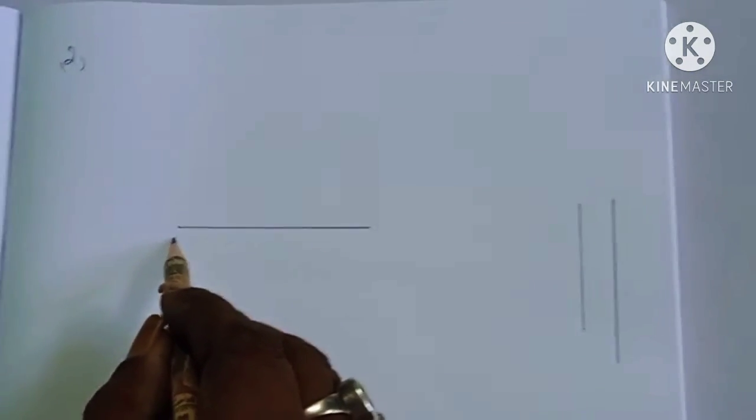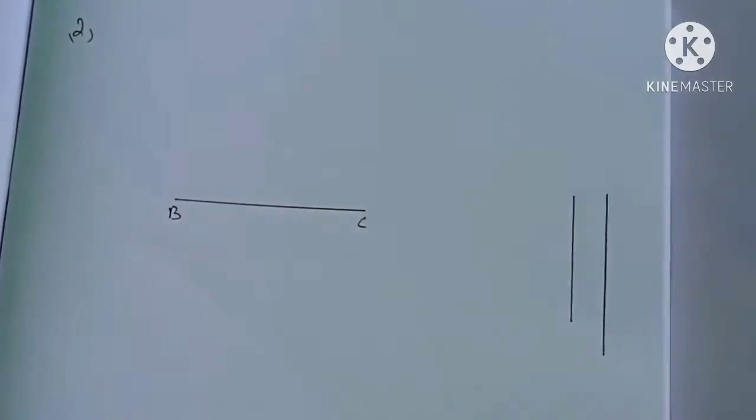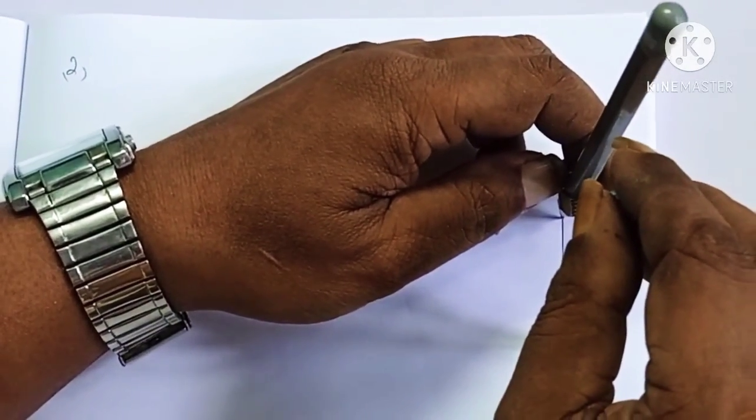We name this side BC. Now, taking this as 4 cm, measure 4 cm.